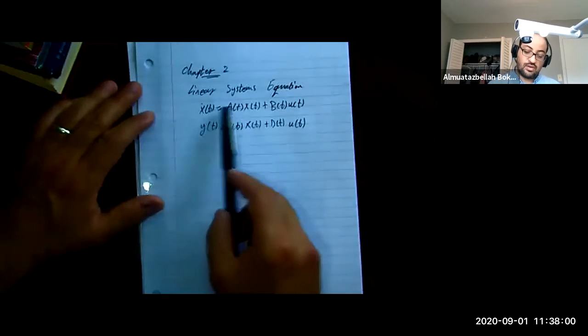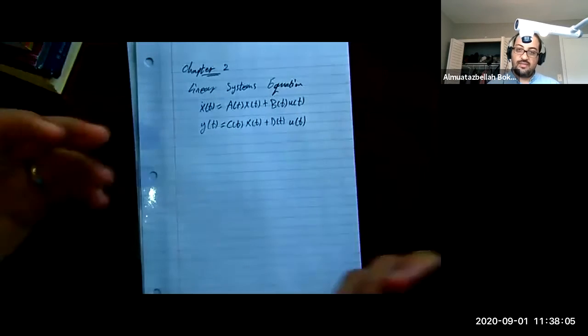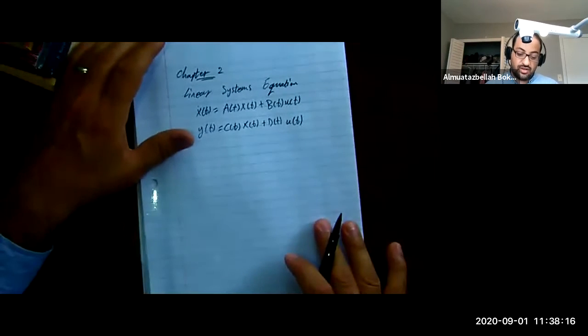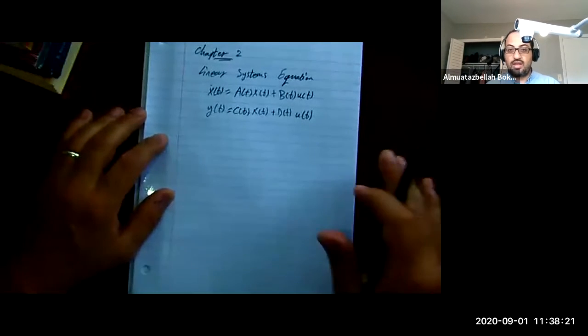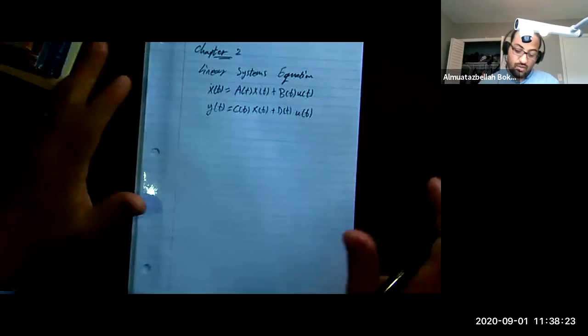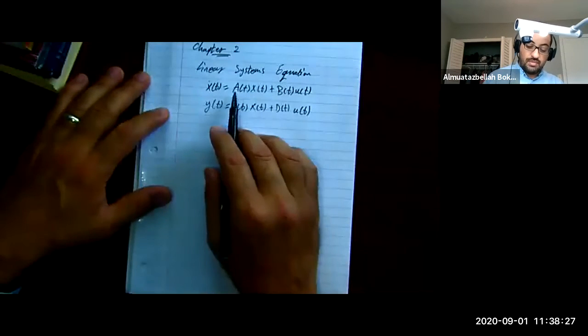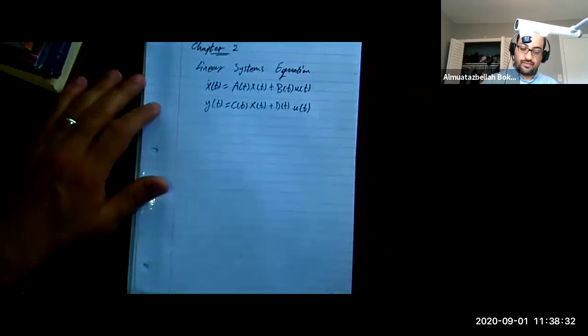So the connection between the left-hand side and the right-hand side is linear, and that's why we have a linear system. But of course, this is not rigorous. If you want to make sure that the system is linear or not, you need to apply the definition of linearity. Also the system is time varying because the matrices A, B, C, and D change over time.